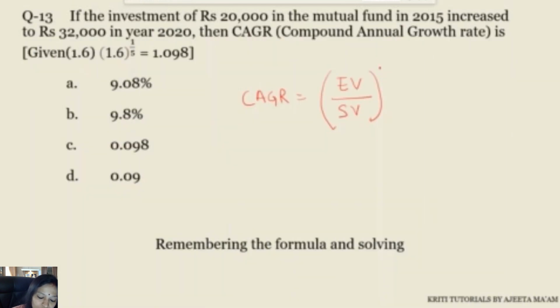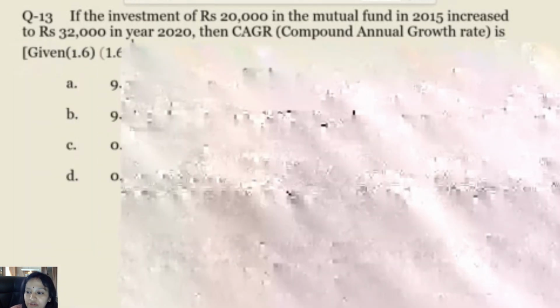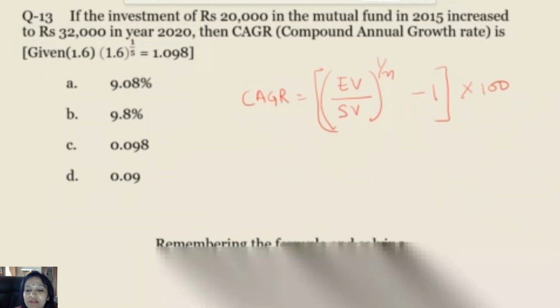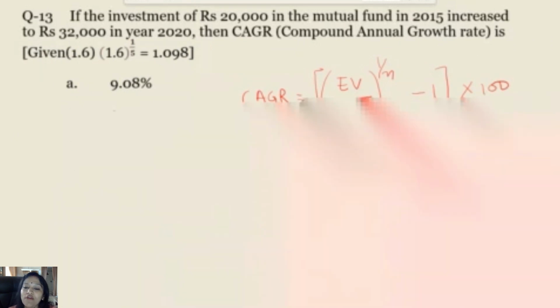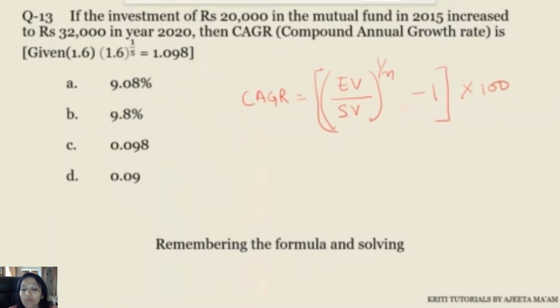Who will tell me what EV upon SV is? Yes, that is your final amount and the principal basically, the compound interest formula that you have. So it is simply based on that. You have to be very clear with the formula.